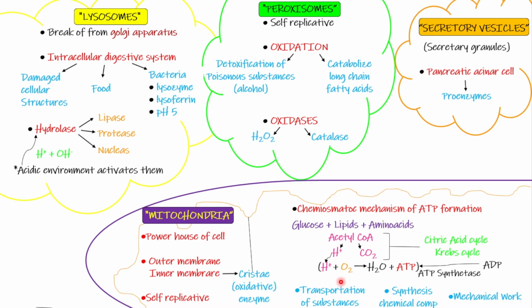And whenever the hydrogen ion reacts with oxygen to produce water, energy is produced, which will be packaged by ATP synthetase in the form of ATP. Now, hydrogen ion is produced basically when glucose, lipids, and amino acids are converted into acetyl-CoA, and the acetyl-CoA enters the citric acid cycle, the Krebs cycle. So this is the chemiosmotic mechanism of ATP formation.